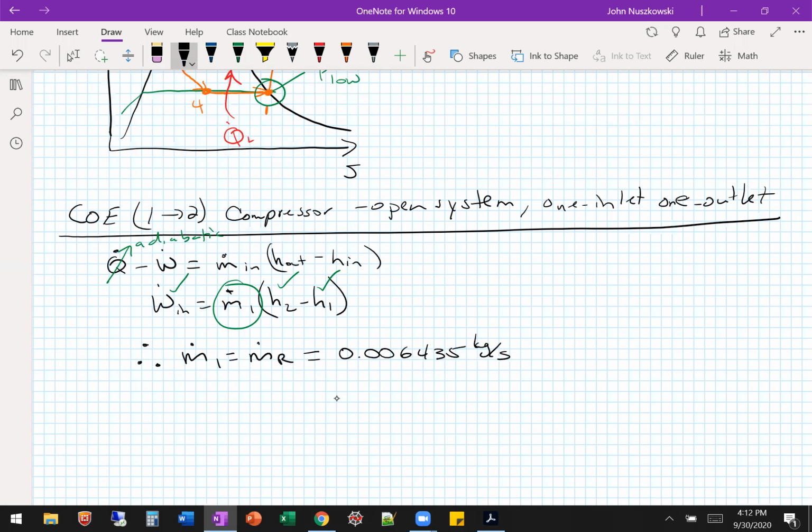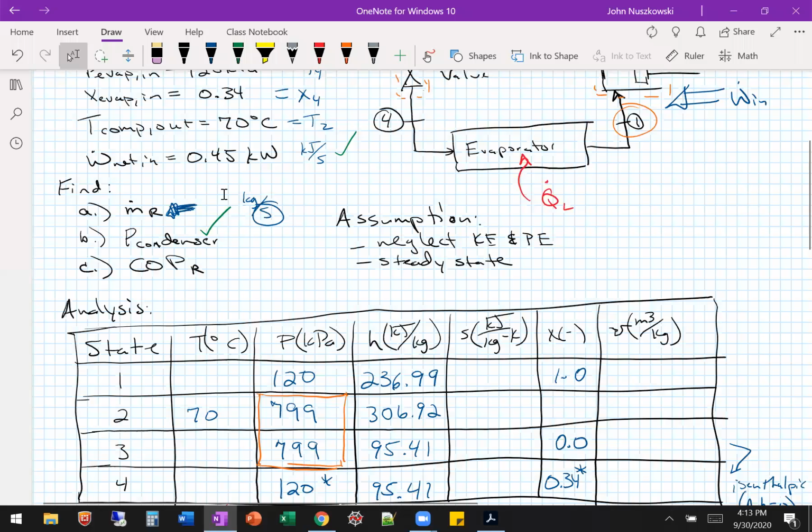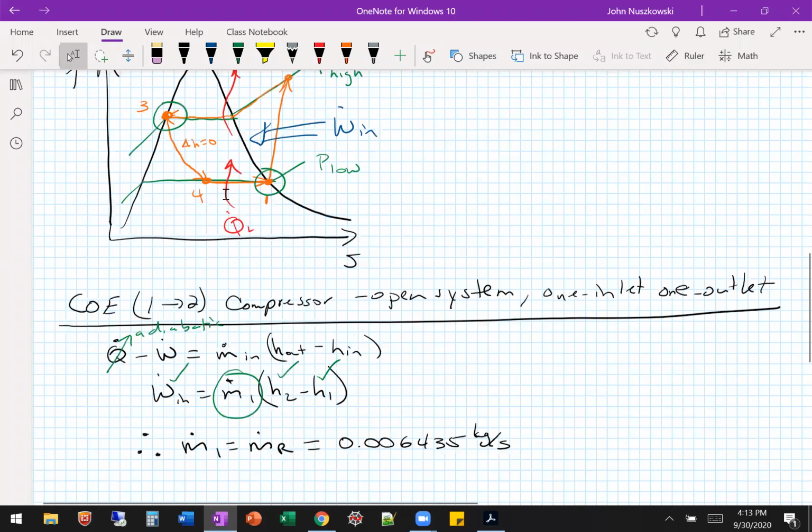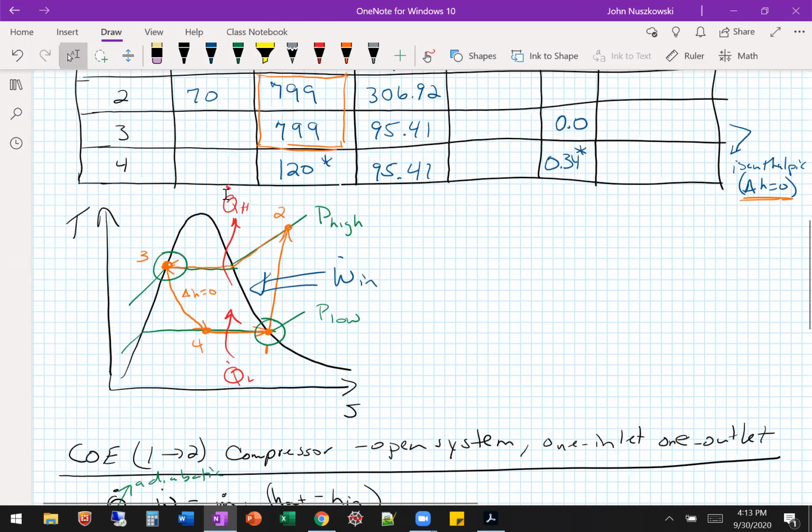So now we know the mass flow rate of refrigerant to have that size compressor, because we can have this TS diagram for a small system or a very large system. The power for the compressor scales the mass flow rate, scales the system, right? If we want a larger cooling load, we get a larger mass flow rate and a larger compressor. Any questions so far?